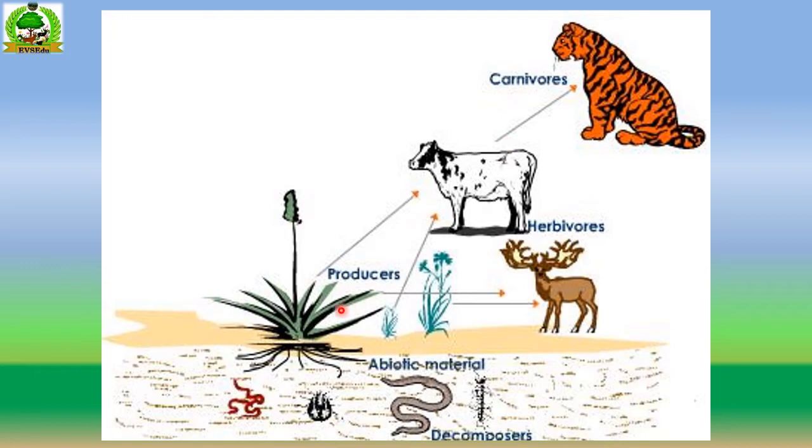As we have already discussed, plants, or we can say producers, in any ecosystem, be it a grassland ecosystem, a forest ecosystem, or an aquatic ecosystem, produce their own food by utilizing sun energy, minerals, water, etc. Herbivores are dependent upon them, because herbivores and carnivores can't prepare their own food. These herbivores are dependent upon the producers for food, and the carnivores are dependent upon the herbivores for food.